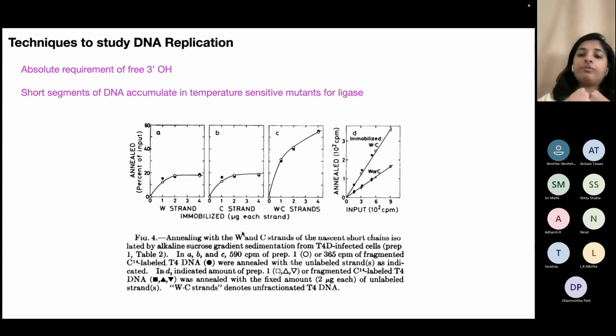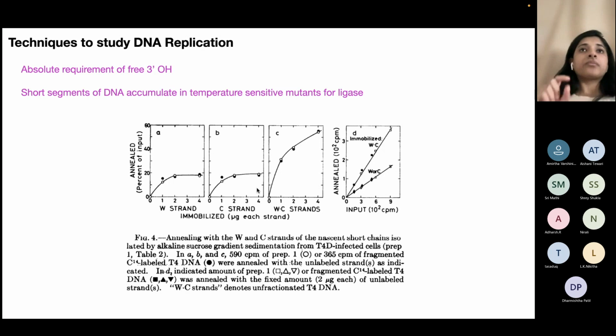So they isolated the two different strands of the phage. There is this W strand, which is, say, one strand, and this C strand, which is the other strand. They are both the parental strands. They saw that when you add the short fragments that accumulated to this purified W or C strand, there was a short amount of annealing.